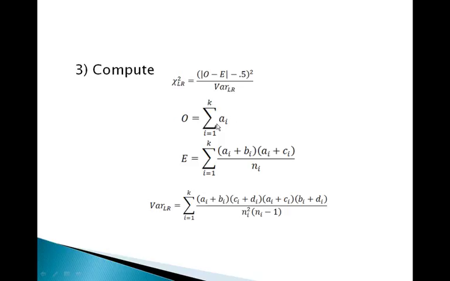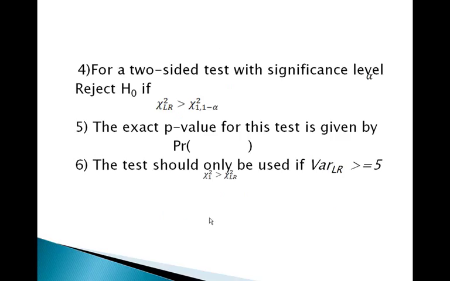The observed will be the total of all the observed values A sub i in each of the intervals, and the expected would be the marginal totals divided by the total within the cell over all the intervals of time. And the variability is calculated in that manner.